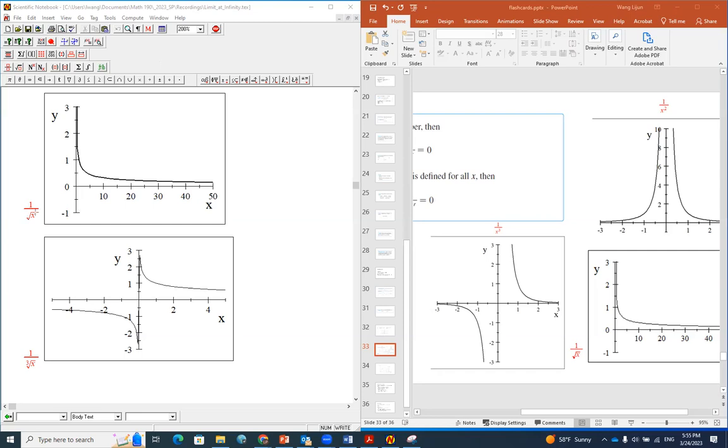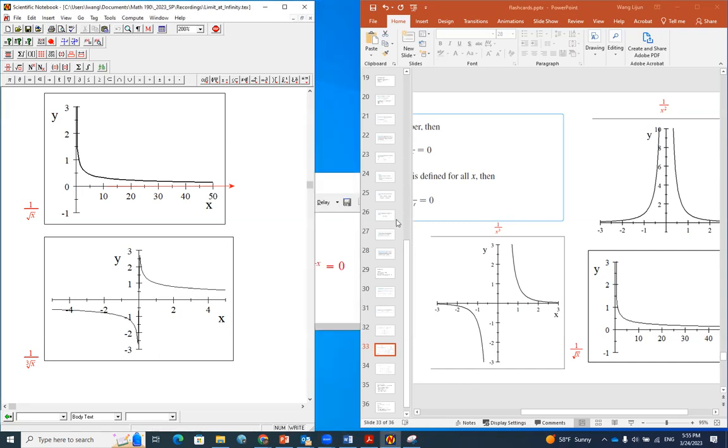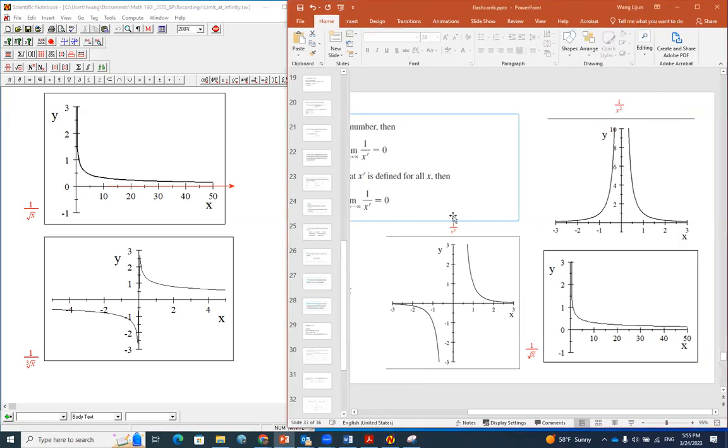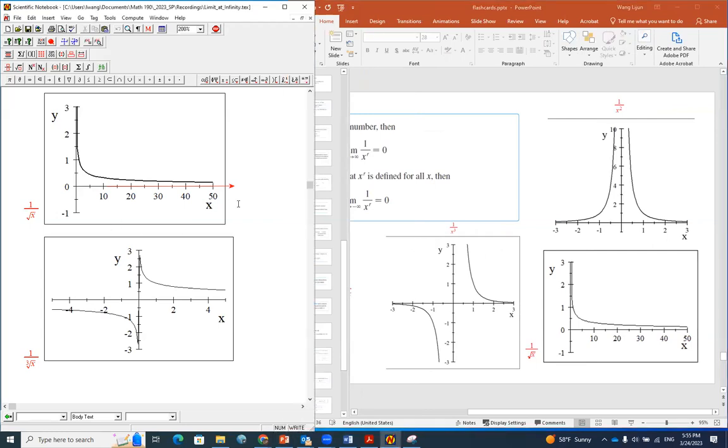The domain, of course, is x larger than 0, so you take note of that. And as x is approaching positive infinity, 1 over square root of x is approaching 0. So we just explained the theorem. How do we express it mathematically? Here's how we express it.